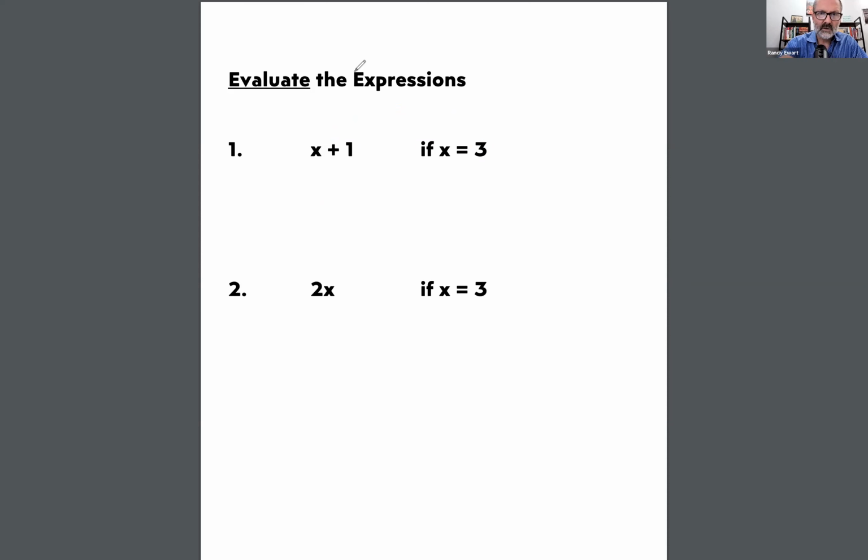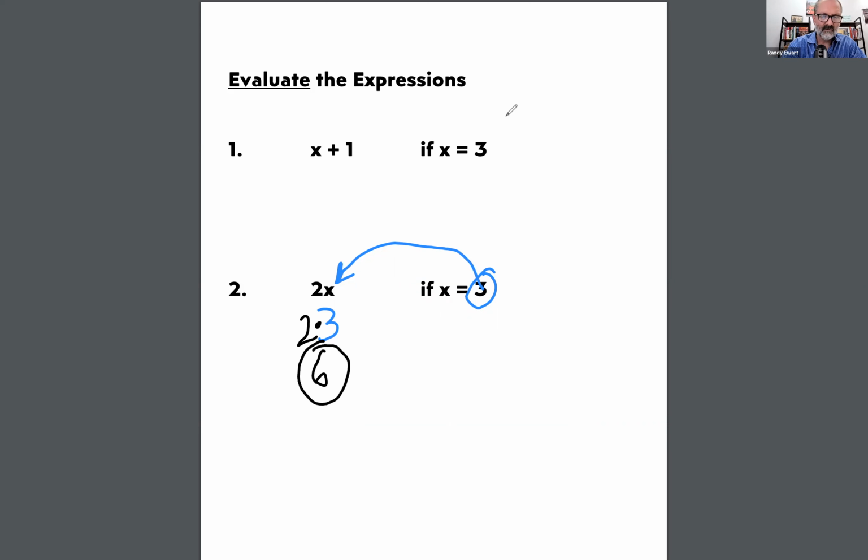Same situation. We are going to take the number and plug it in for the variable to evaluate. Now, when you have a 2 or a number next to the variable, you don't simply write it as a 2-digit number and go, oh, that's 23. 2x means 2 times x. So I'm going to put a dot in there for times. So that means 2 times 3, which is 6.